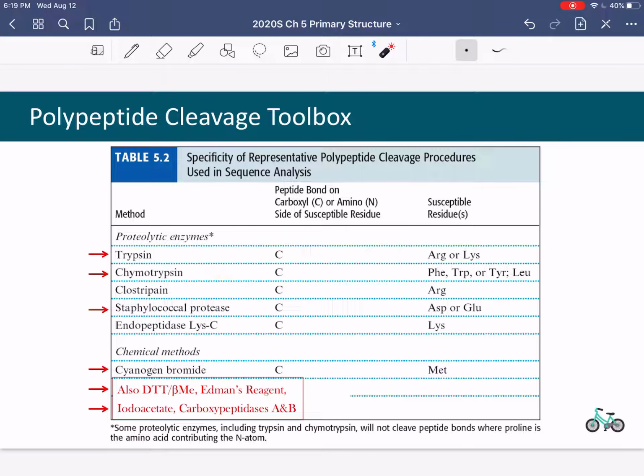Trypsin, chymotrypsin, and staph protease are your enzymatic cleavage reagents, and cyanogen bromide is your chemical cleavage reagent. Now, in the next video, we're going to perform this cleavage and analysis one more time and show you how you can deduce the full sequence by comparing the fragments that you get back and aligning the sequences.